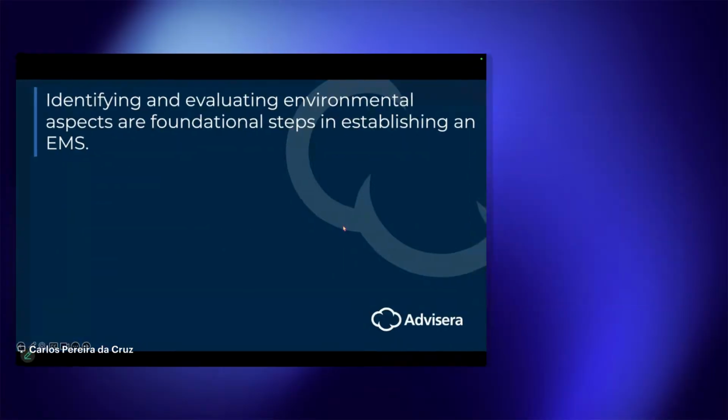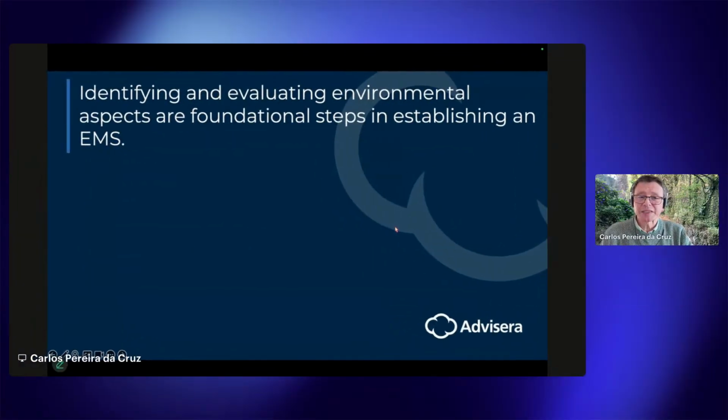So in ISO 14001, the first big step is looking closely at the things that affect the environment around us, around your organization. So this step is super important because it decides what comes next. By understanding these things, a company follows ISO rules and prepares to manage the environment well.